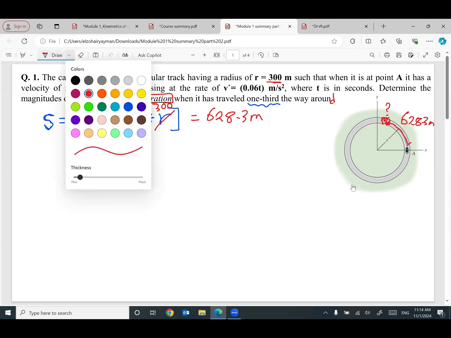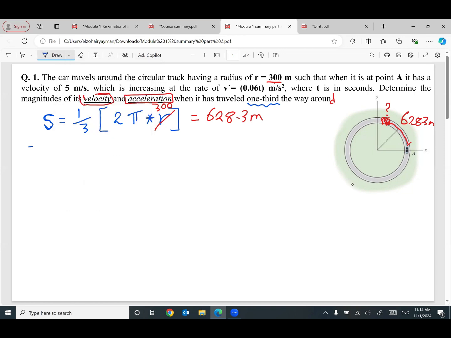After a distance equal to 628.3 meters, what is the value of the velocity and acceleration? It's given v dot, this expression is given here. v dot equals 0.06 t.